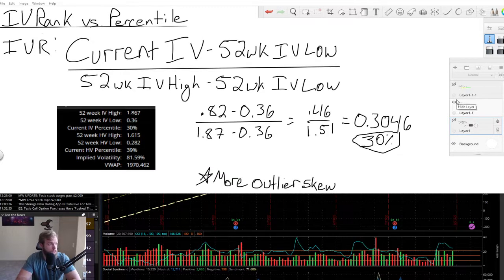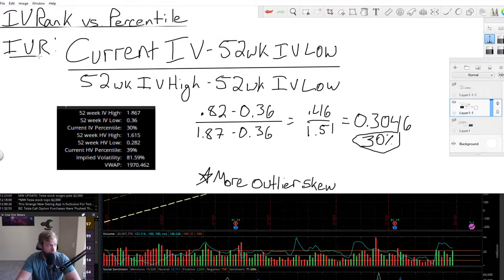When we look at IV rank, that is calculated by taking the current IV, subtracting the 52-week low IV, and then dividing that number by the 52-week high IV minus the 52-week low IV. If you use the numbers from that same screenshot from the prior screen, you get 30%.